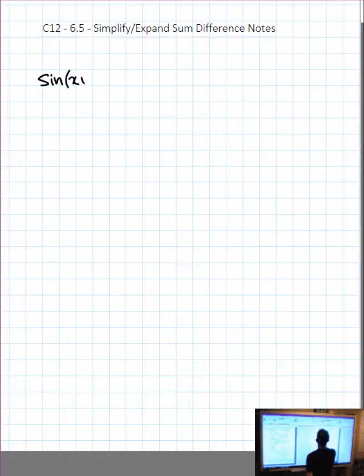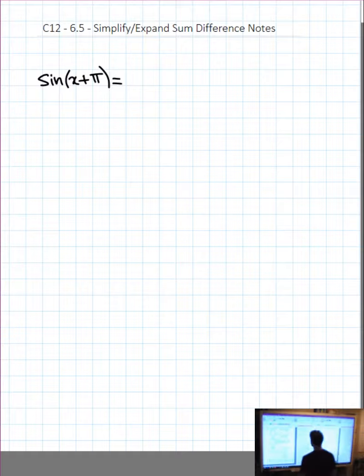Sine of x plus pi, and ask myself what's that equal to. So I have a definition, and I'm on the left-hand side, so have your formula sheets out and look in the addition identity section.